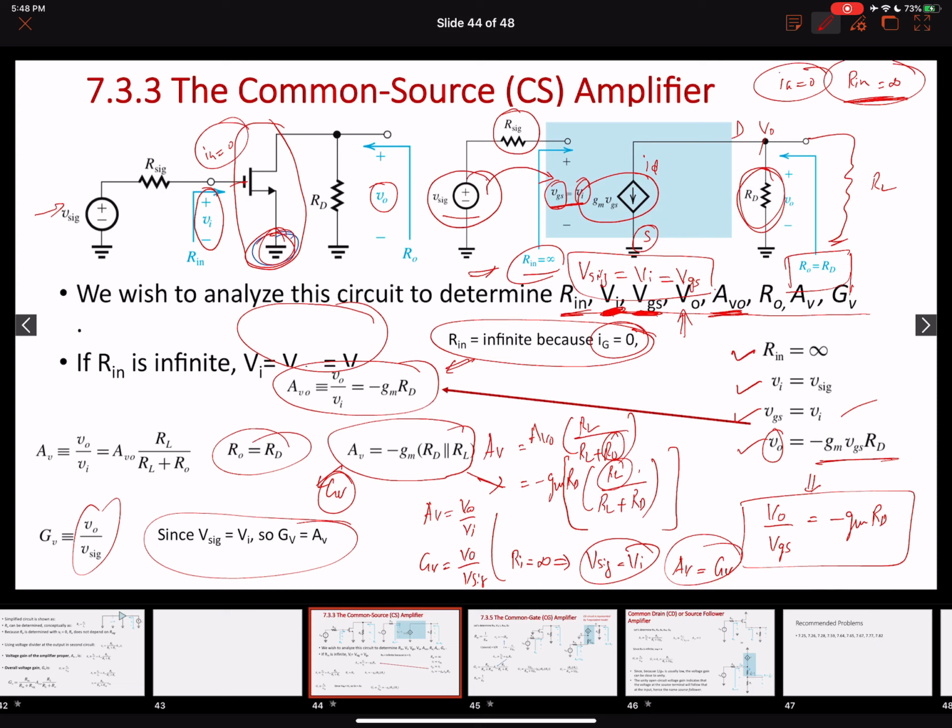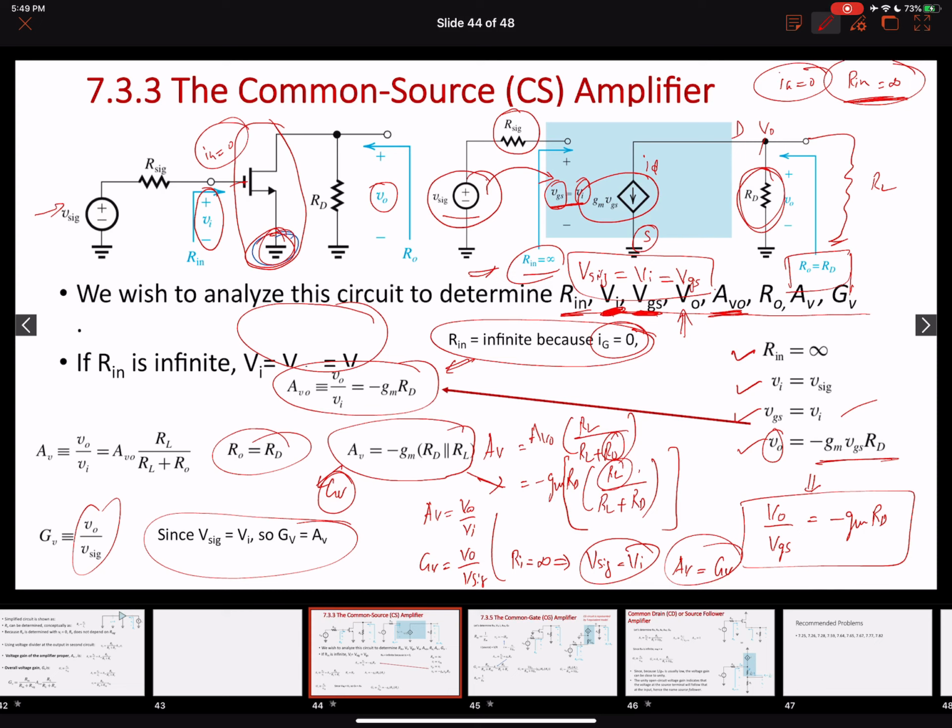Before determining any of these voltage gains, it is important to see what the input resistance and the output resistance are. When you determine them, you can find out what the VI value will be, whether there will be any loading effect or not. That will dictate whether the overall voltage gain will be equal to the amplifier voltage gain or not.